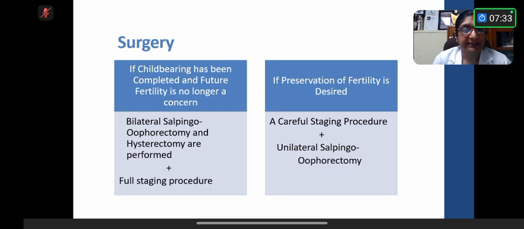So if the lady has completed her childbearing and has no concerns of future fertility, then you go in for the full staging procedure, bilateral salpingo-oophorectomy and hysterectomy. But if she's desirous of having children and wants to preserve her fertility, a careful staging procedure, which has previously been described, has to be done along with the unilateral salpingo-oophorectomy.